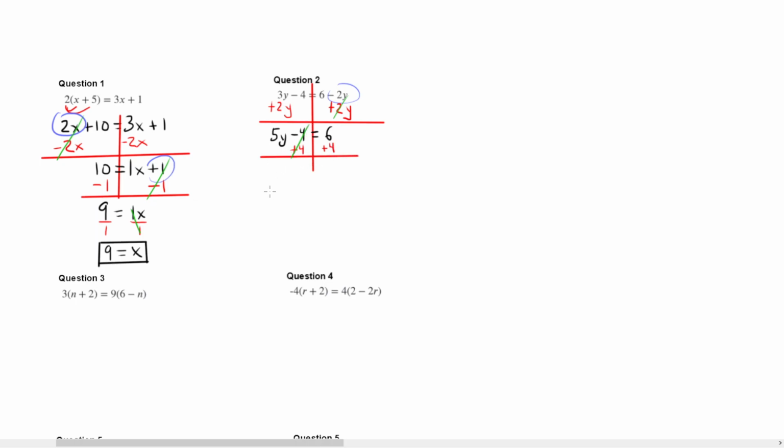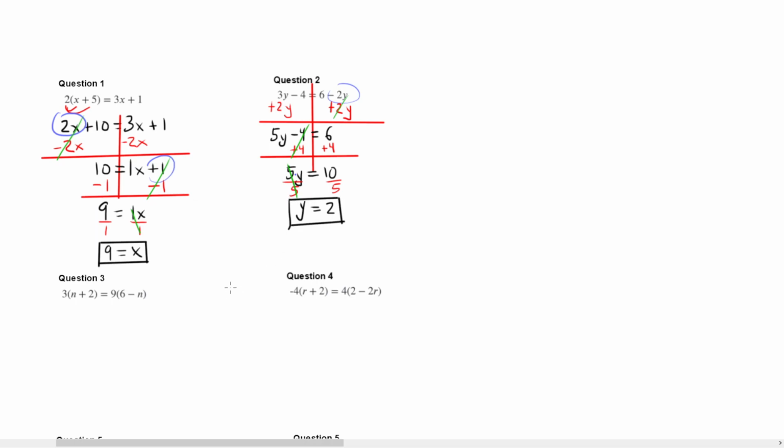This crosses out, and I get 5y equals 10. That's going to work out nicely for me to get rid of this 5 by doing the opposite. That 5 is multiplying the y, so I'm going to go ahead and divide by 5, and this will cross out, and I get y equals 2. There's my final answer.